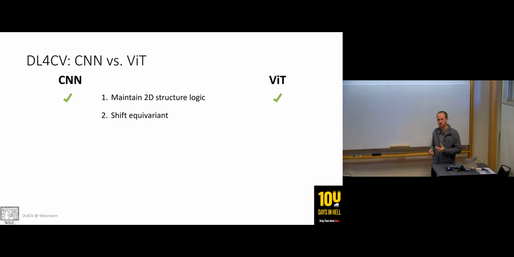What about shift equivariance? Convolutional neural networks are shift equivariant. If we shift the image, convolutions are shifted in the same manner. Do we have shift equivariance in transformers? No, we no longer have this because transformers actually have positions.